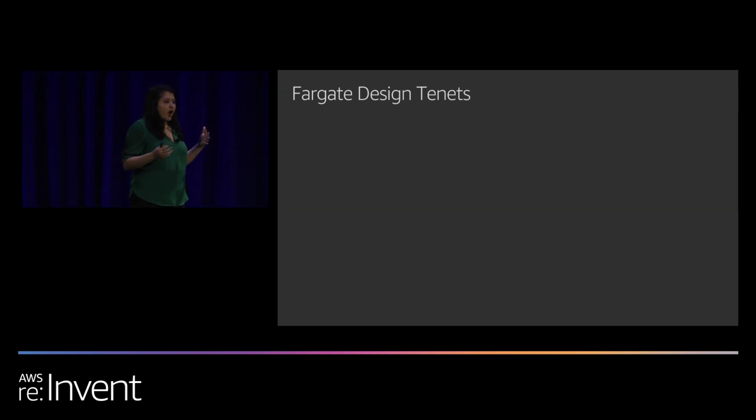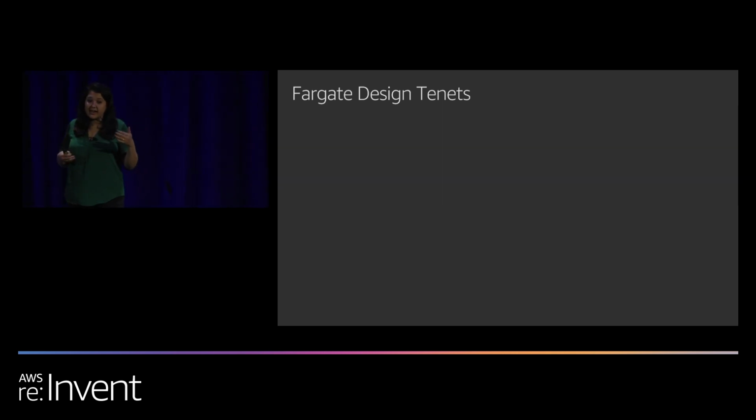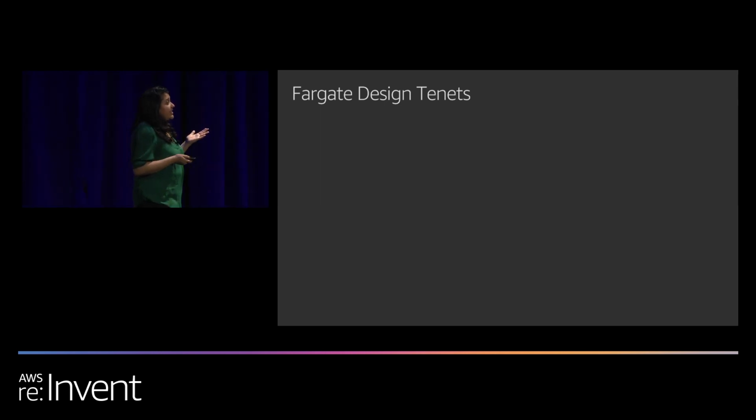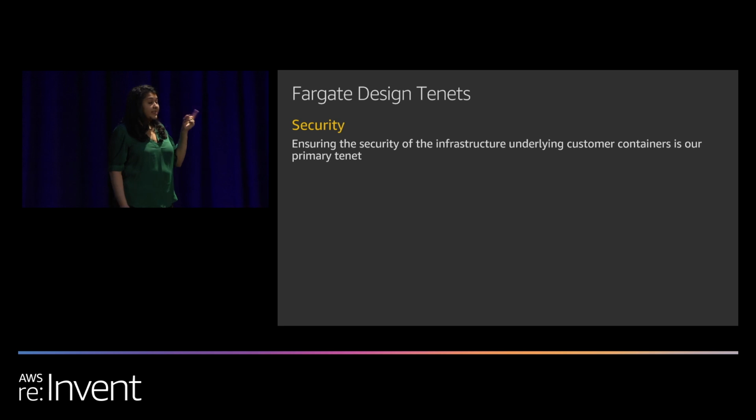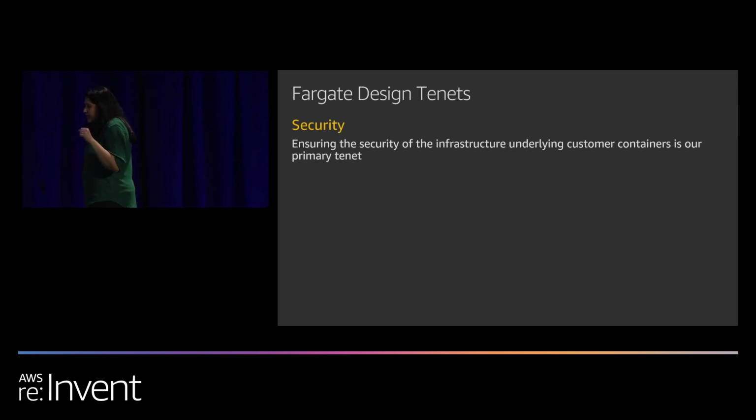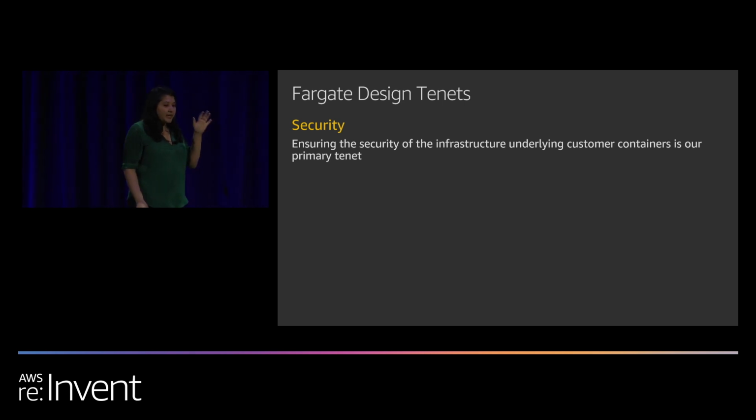Now, these are broad, general principles that we put down to help guide the engineering team through the design process and the technical decisions that we had to make along the way, especially when there are hard trade-offs to make. So these are the tenets that we came up with for Fargate, and it's in priority order, so that's important. Priority number 1 is security, always, period.